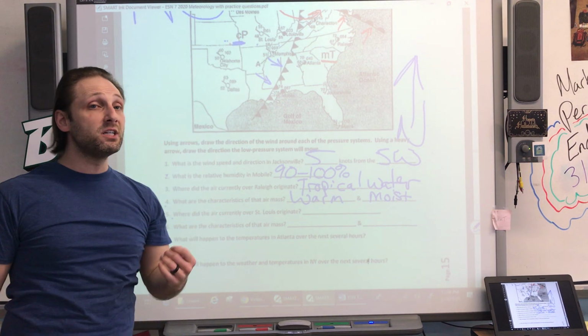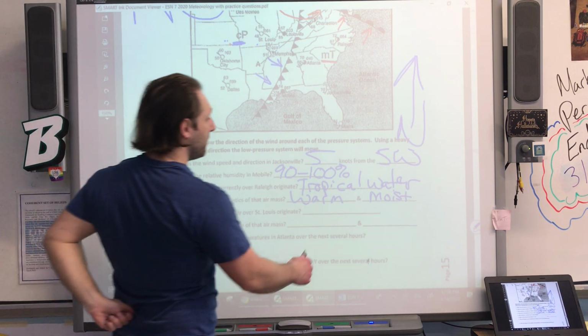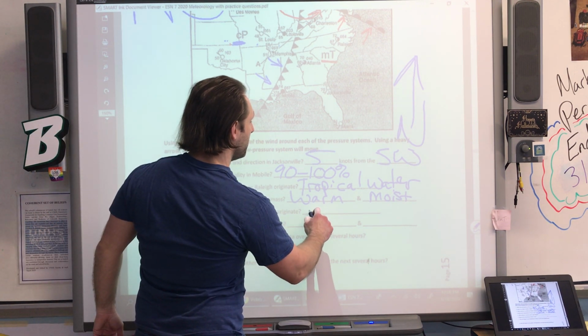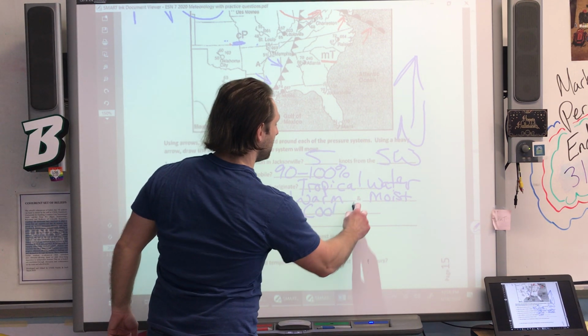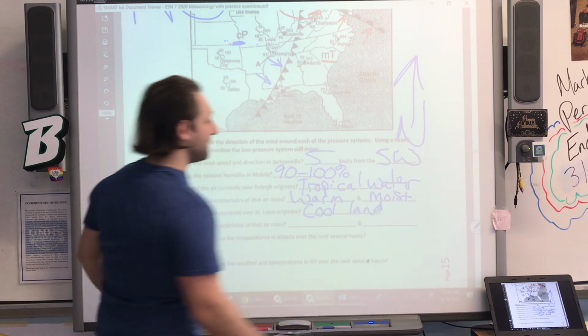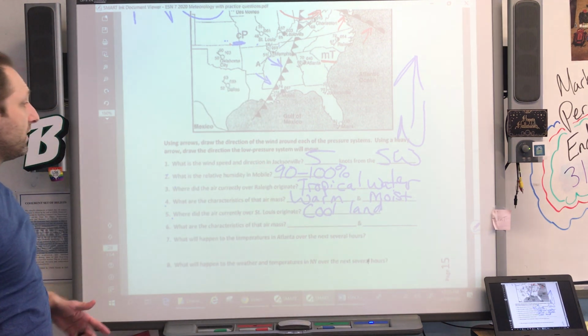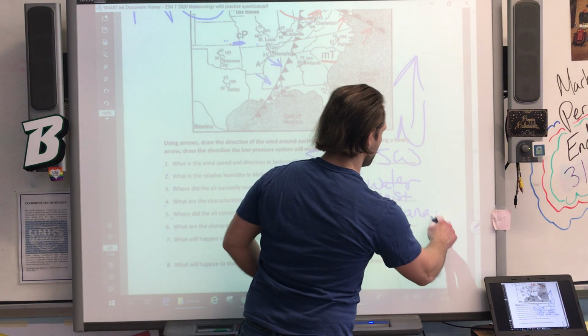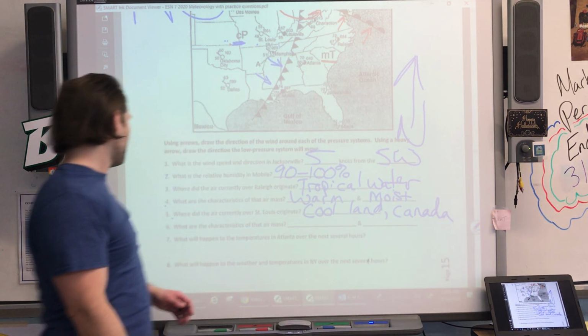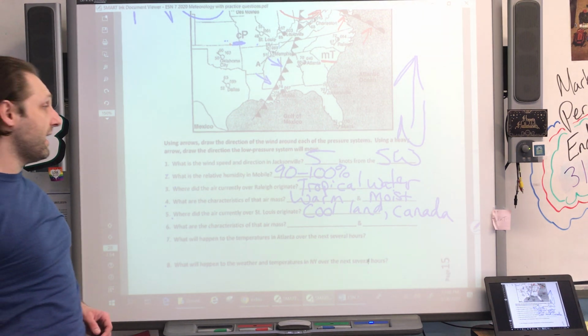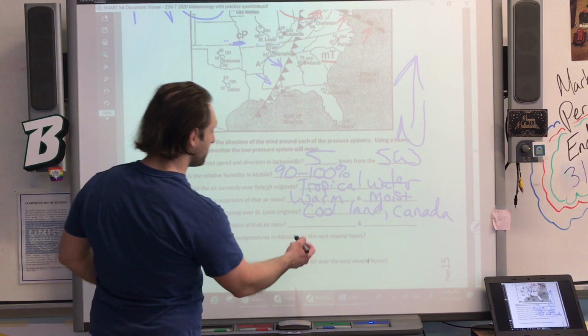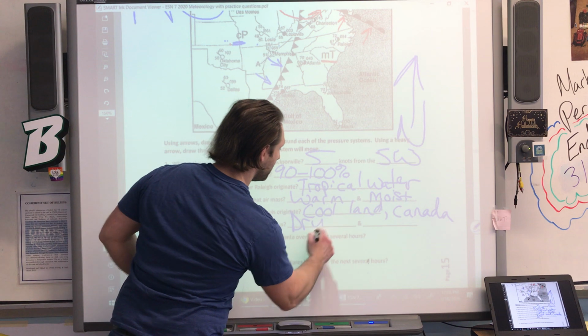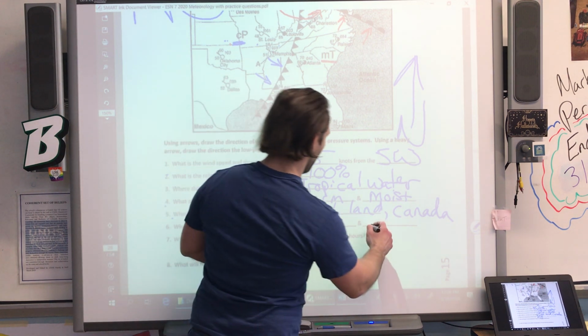CP. It originally formed over cool land. So it's a continental polar. You could maybe even say that it might have came over from Canada if you want to get real specific. Okay. What are the characteristics of this air mass? All right, so it's going to be dry and cold.